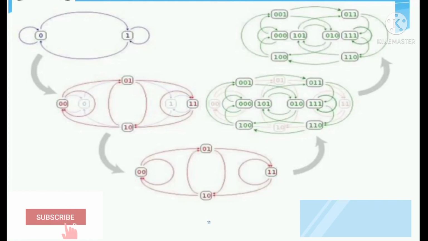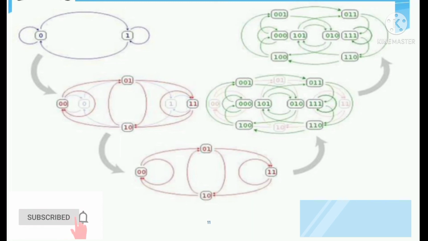This is the graph for the de Bruijn graph properties. We can see the properties. The first one is 0 1, where we take the alphabet. The second one, the red color, forms the subsequences 0 1, 1 1, 0 0, 1 0. The third one, we can change the identical values.